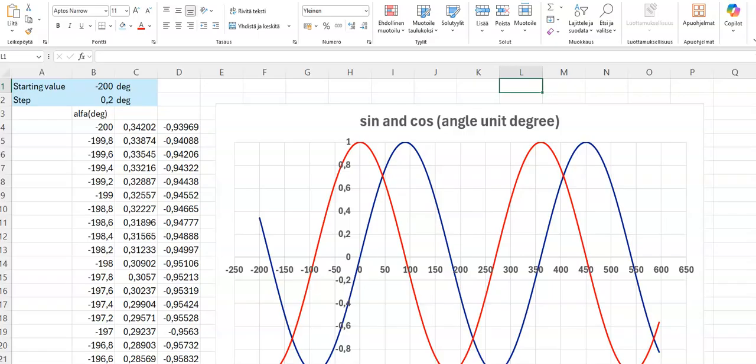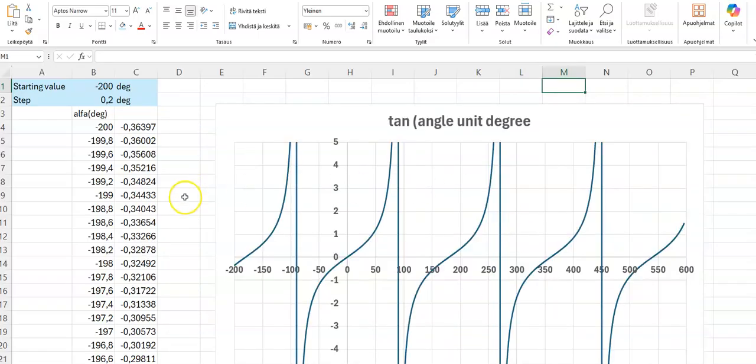But then tangent, this is a totally different looking curve. It is not this kind of smooth sine or cosine curve, but it is this kind of discontinuous curve. Actually, these vertical lines there don't exist in the picture.